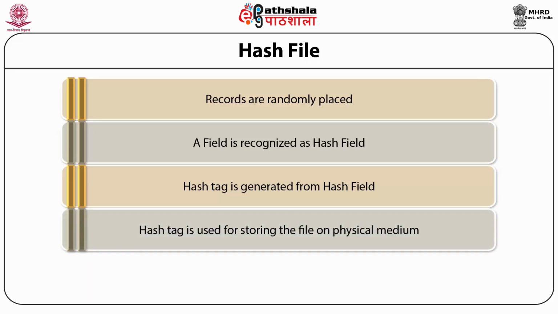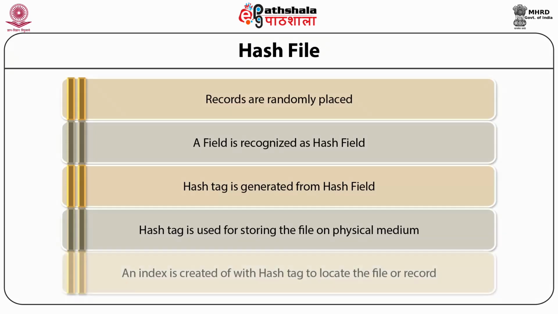The hash tag is used for storing the files on the physical medium. This calculated hash tag is used as the address for the file which is to be stored, so the hash tag is the address of the file on the storage medium where it is stored.